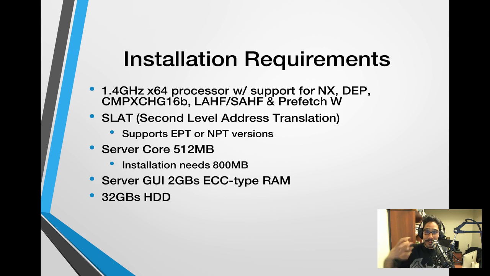If I do have a lot of money and I'm able to purchase and fill all the slots within the server with hard drives, I would do a RAID 10. But a lot of you might have different choices, and it really depends on your infrastructure. But you need at least 32 gigs to install Server 2016 within your hardware.